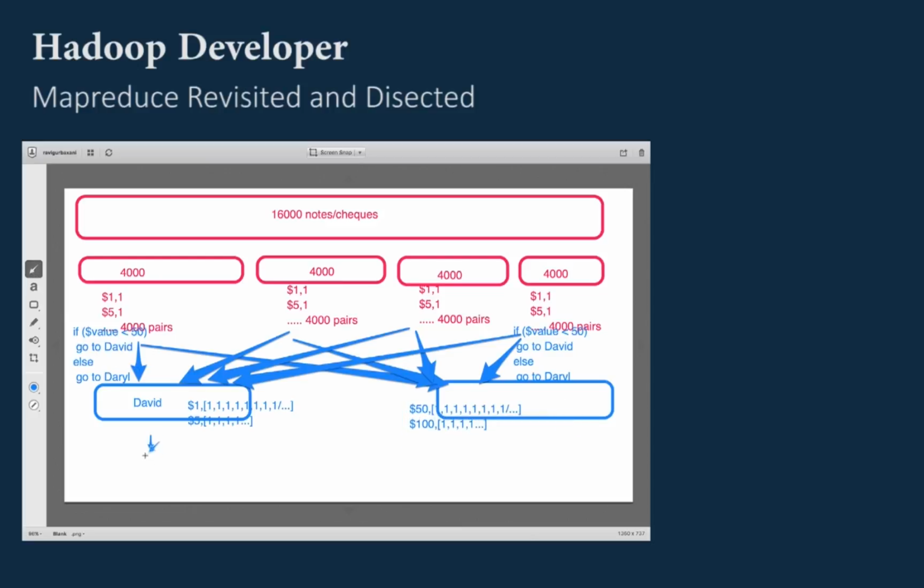And what you finally get out of the reducer, they'll multiply and say that for $1, the denomination value was this, and so on and so forth. This is how things will work.